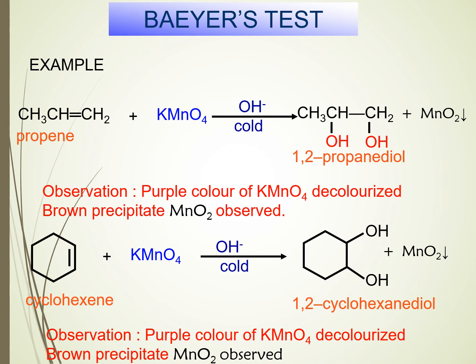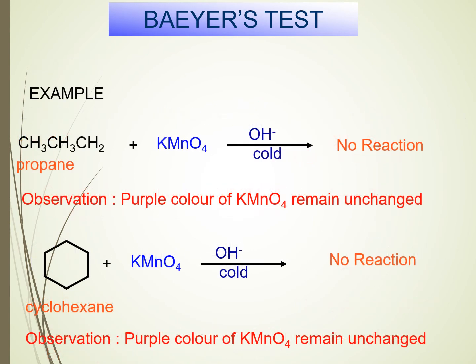For cyclohexene, the reaction of cyclohexene with cold basic potassium manganate will produce 1,2-cyclohexanediol. The purple color of potassium manganate will be decolorized and manganese oxide is observed. The reaction of alkanes with cold basic potassium manganate is negative.